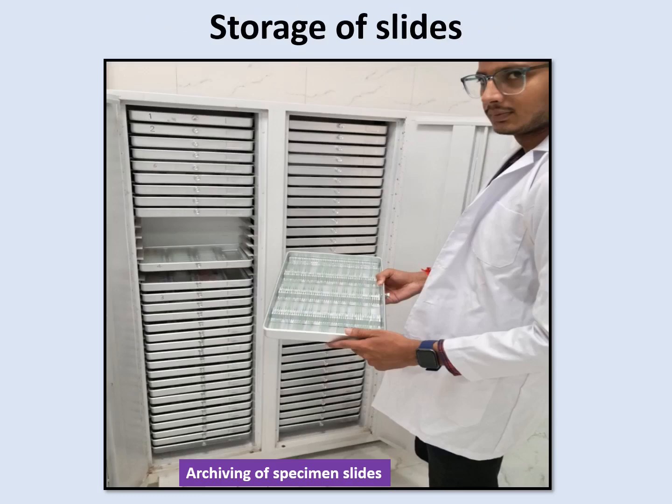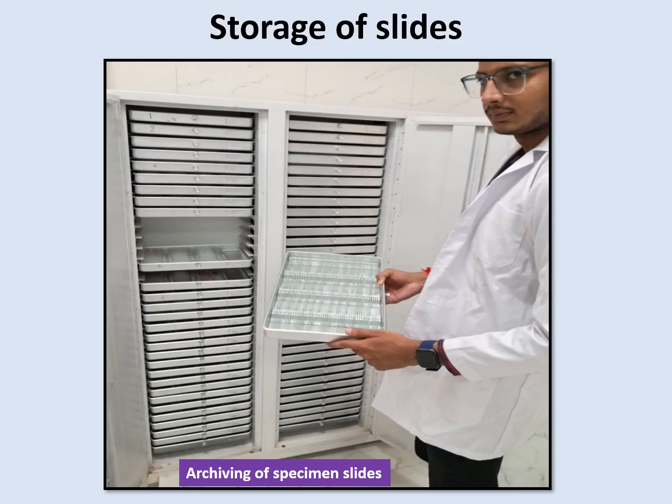And next is storage of slides. For this you need to have a slide cabinet. Actually, whenever we are cutting the slides, we cut three sections. The first one is stained for histopathology, and the last two slides, second and third, are kept as they are, unstained, because some of the times the clinician wants some other stain to be applied, or some specific things to be done with these slides, such as acid fast staining or toluidine blue staining.